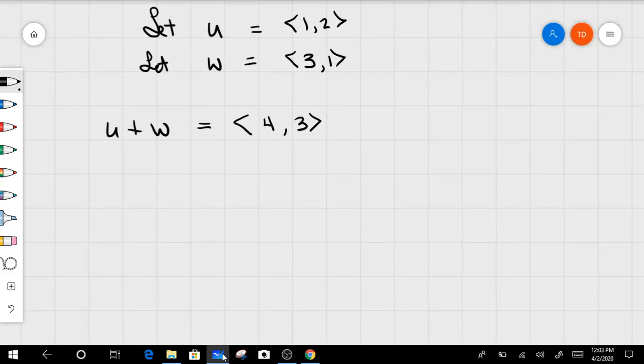If I wanted vector u minus w, u is 1, minus w is 3, so 1 minus 3. I'll just write that out. Negative 2, 1.